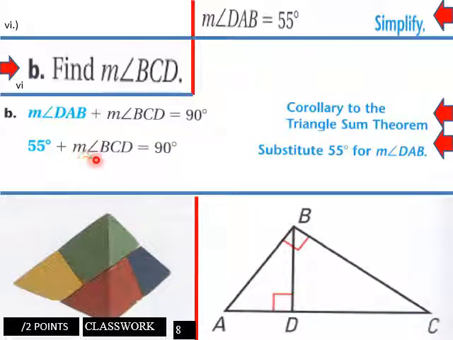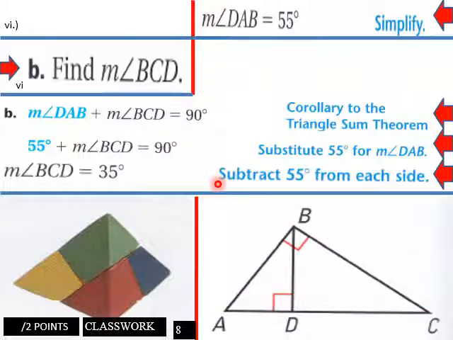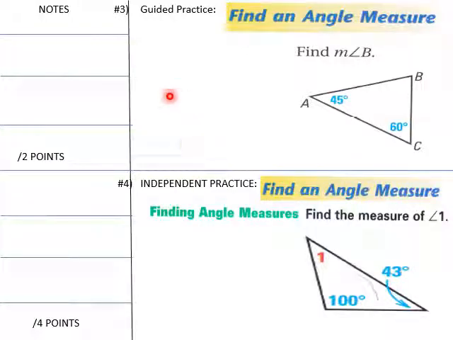So 55 plus BCD equals 90. So the measure of BCD, 35 plus 55 would be 90, since we know this is a 90 down here too. Okay, so we get to practice this now.